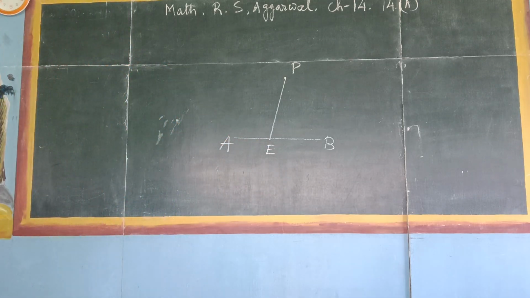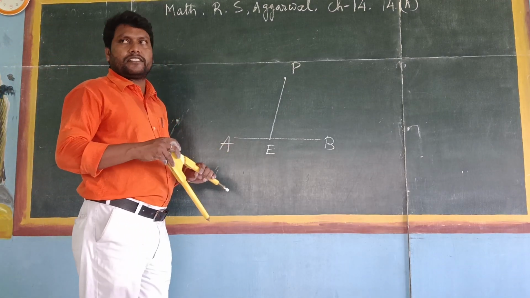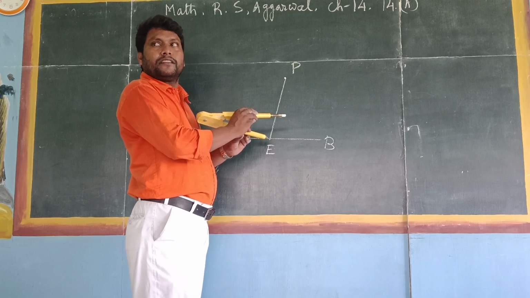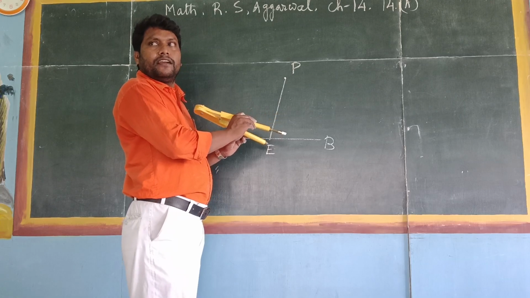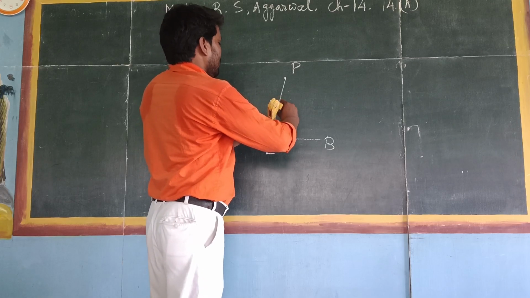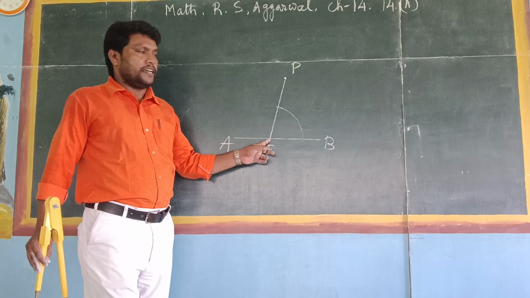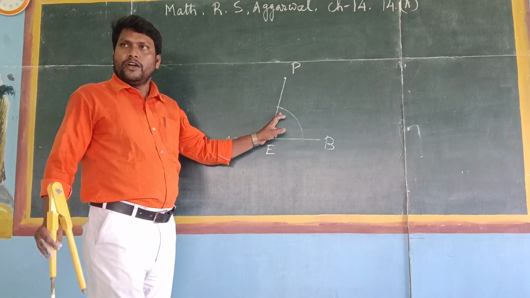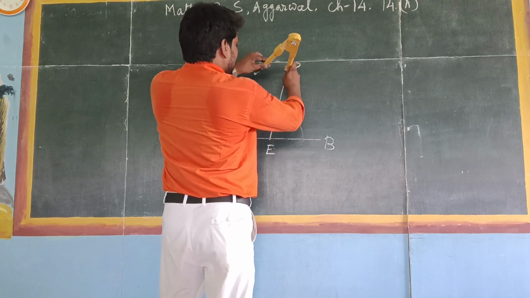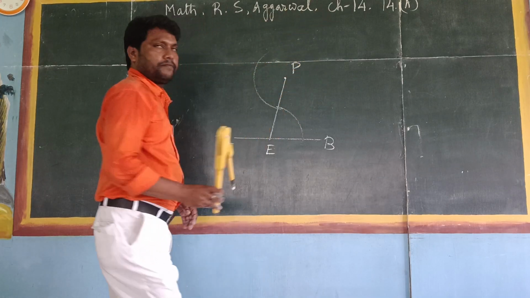So with the help of the pencil compass, at first measure this angle. Take an arc from the point E, the vertex. This is an angle. Okay, without changing, from the point P, draw an arc.